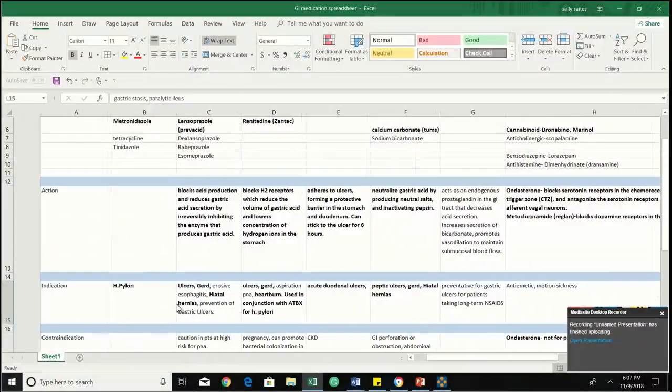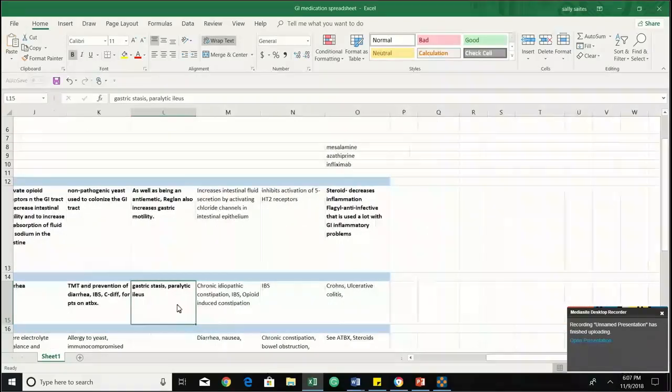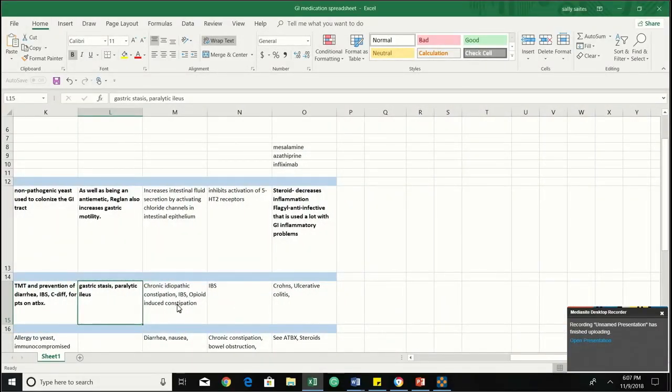What it will do is increase that gastric motility to try to jumpstart the motility in the GI tract where they might have that ileus or the stasis.